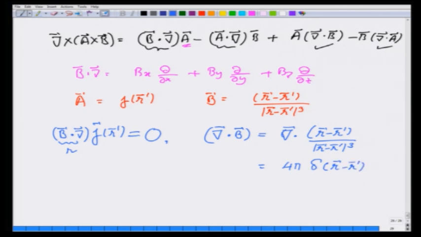Again, a physical way of looking at it is that this quantity r minus r prime over r minus r prime cube represents the electric field due to a charge, 4 pi epsilon naught in magnitude. And therefore, the divergence is the charge density, which is nothing but a delta function. All right. So, that gives you that very quickly. Let us similarly take del dot A, which is divergence of j of r prime, which is also 0.